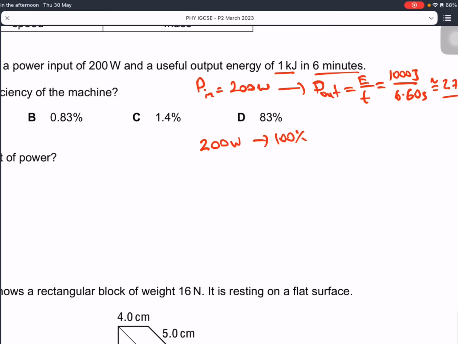You have to assume that. Then the output, we don't know the percentage, but we do know it's 2.78 watts. 2.78 watts equals what percent? That's what we don't know. This is direct proportion, cross product here. So 200 times x equals 2.78 times 100. Bingo. So when you calculate this one, 2.78 times 100 divided by 200 is 1 point something, yeah?